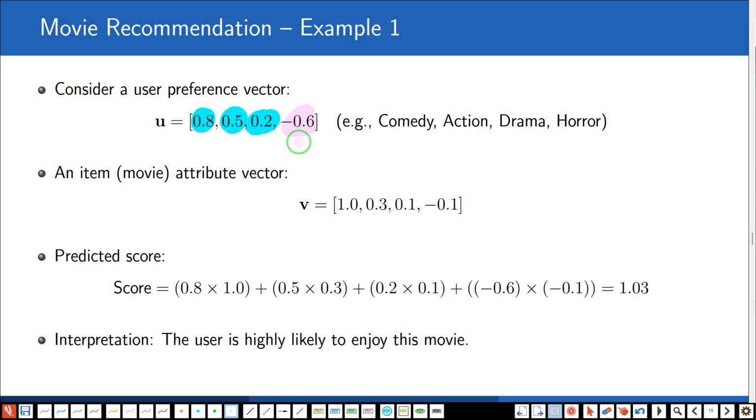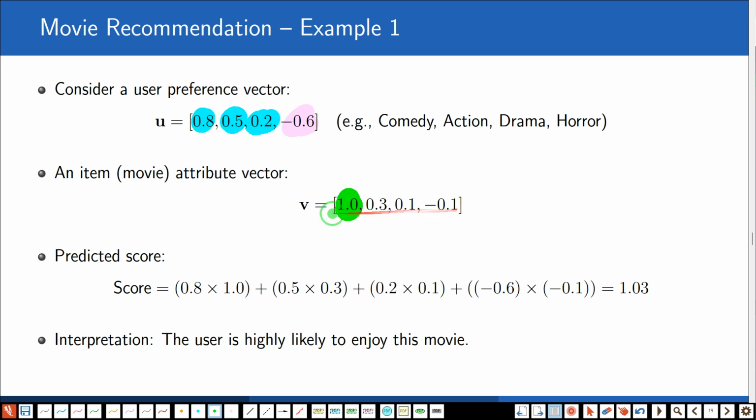Now we have an item, a movie, which is expressed in the same space using a different set of numbers. Here we have a comedy movie, and it contains some action, very little drama, but doesn't contain any horror. Opposite of that, it's negative. It lacks any horror components.